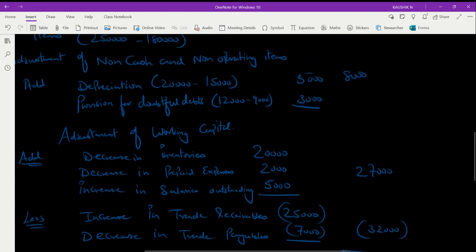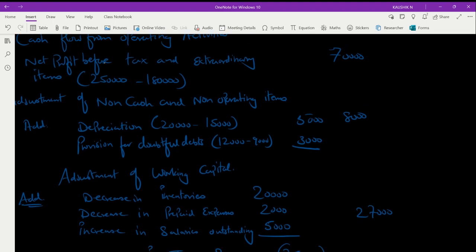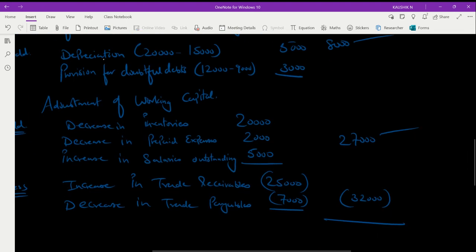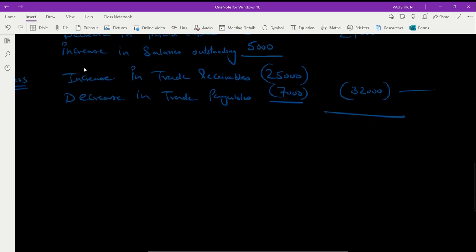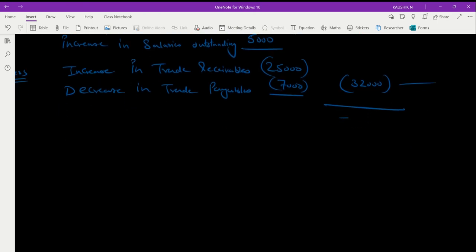So you have a positive value of 70,000 plus 8,000, 78,000 plus 27,000, from which if you subtract the amount of rupees 32,000, you will be ending up with the value of rupees how much? 73,000. Am I making sense to you?